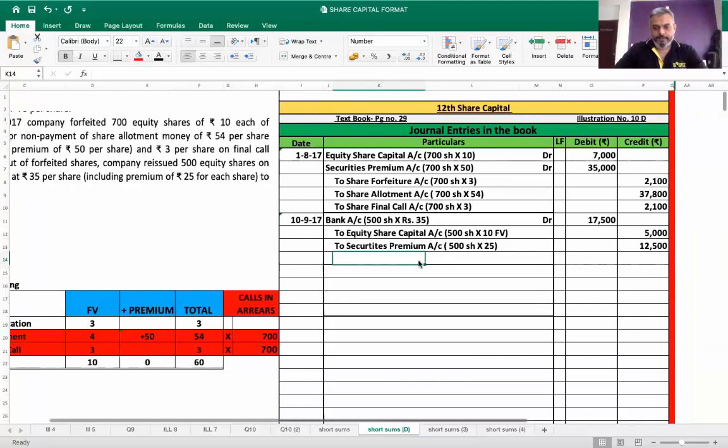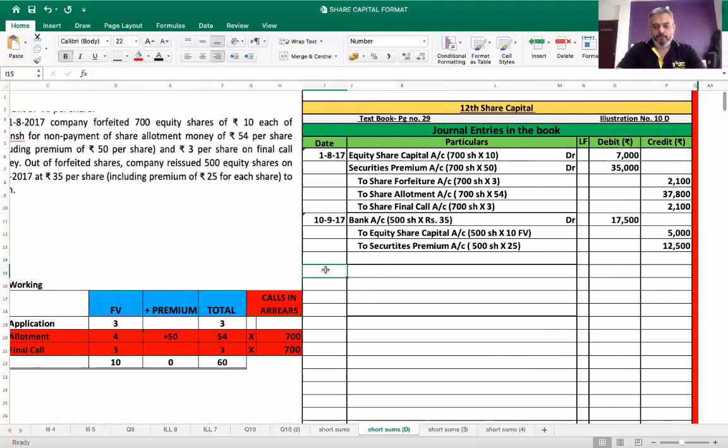Okay. Now capital reserve. Again same date, 10/9/2017. Share forfeiture account debit. Amount later we write together to capital reserve. Now how much will be the amount?